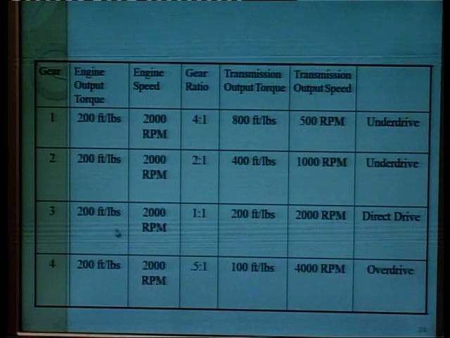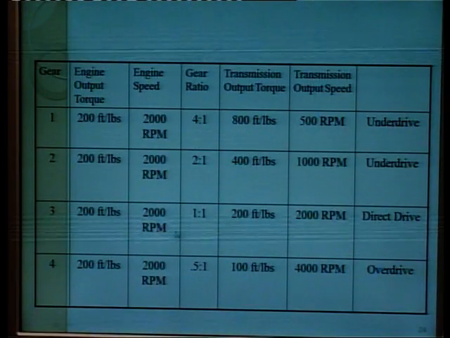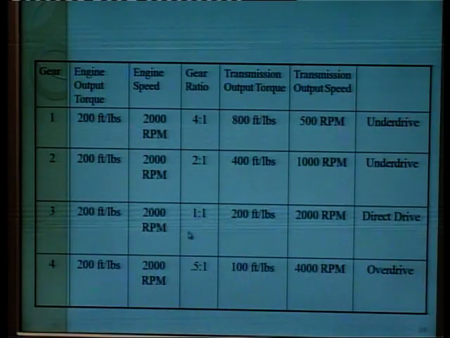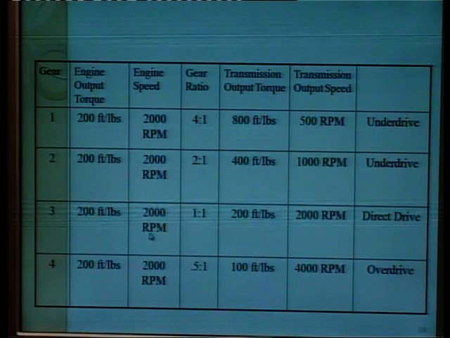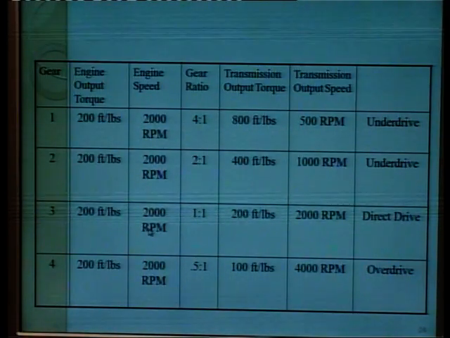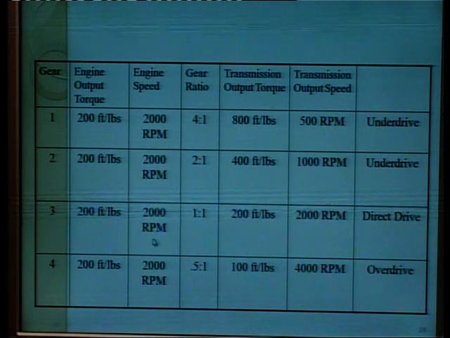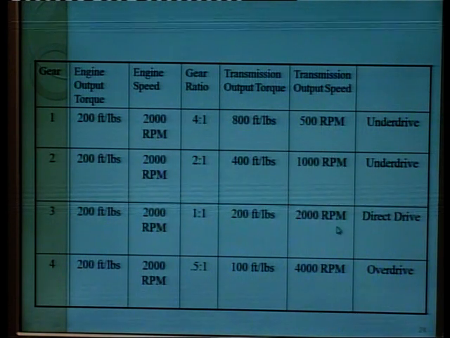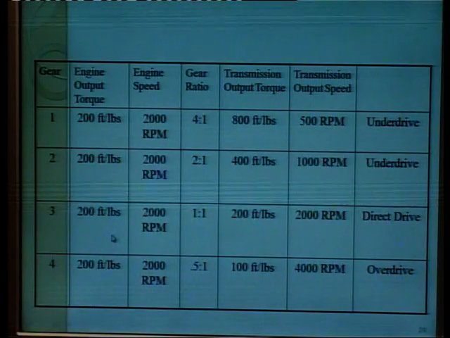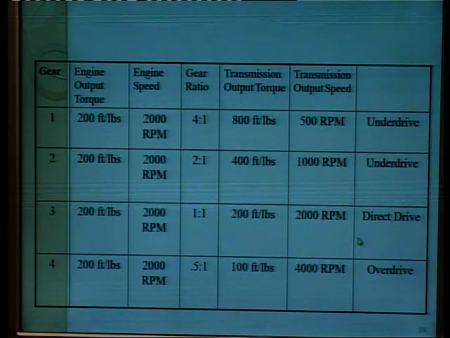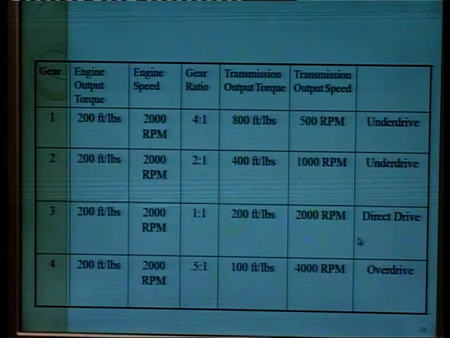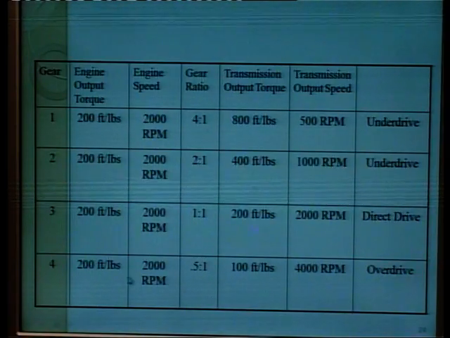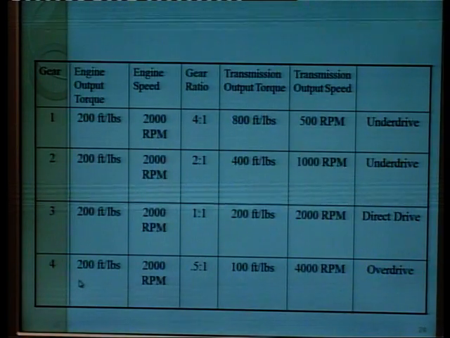Now, in this third case, when we put third gear, the gear ratio is 1:1. The output shaft will have the same RPM as the engine and the same torque as the engine, and this is also known as a direct drive. And last is overdrive.